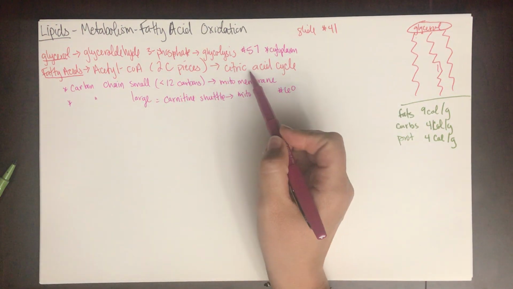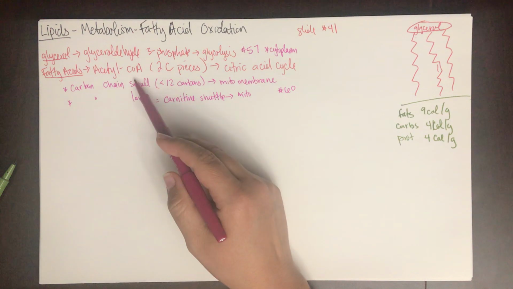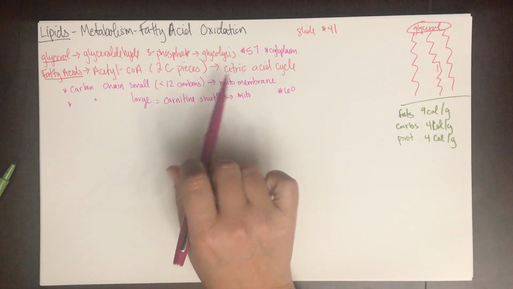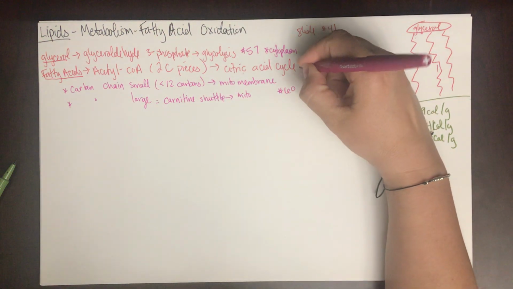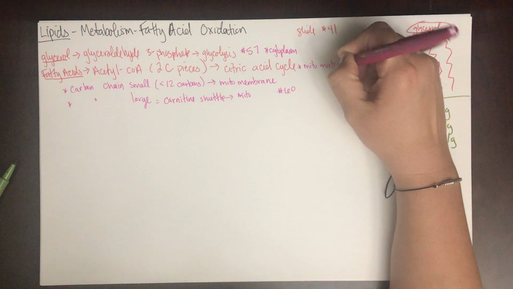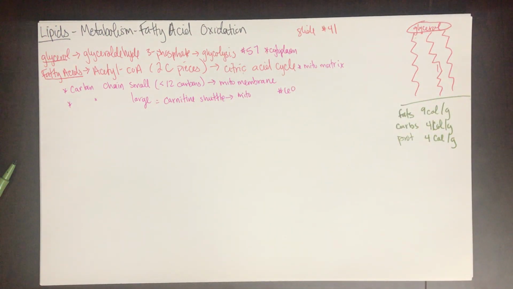Remember, ultimately, these acetyl-CoA pieces that we're going to break off of this fatty acid are going to go through the citric acid cycle. And remember where the citric acid cycle happens. It happens in the mitochondrial matrix. So it's important to pay attention to where these cellular processes are happening.